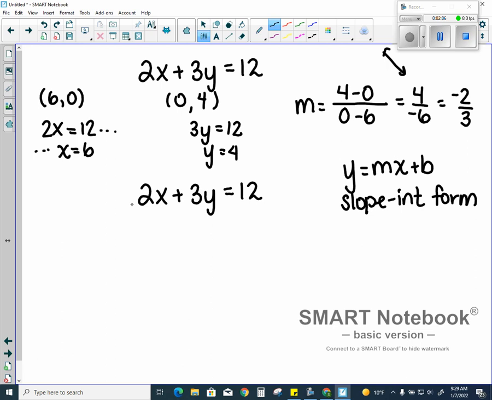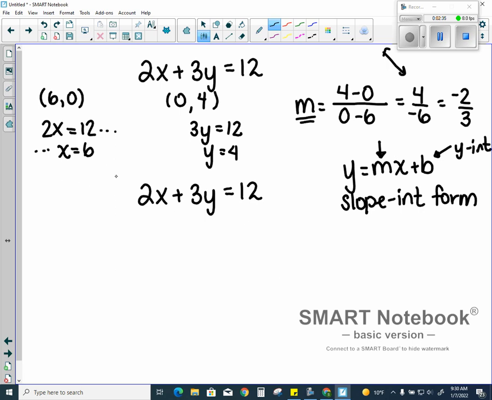If I take this equation here and rearrange it so that the y is by itself, something we did earlier in this chapter or the one before, then the number in front of the x, the coefficient, this m is the same m that we defined earlier as the rise over the run. Okay, the b here is the y-intercept of this line.